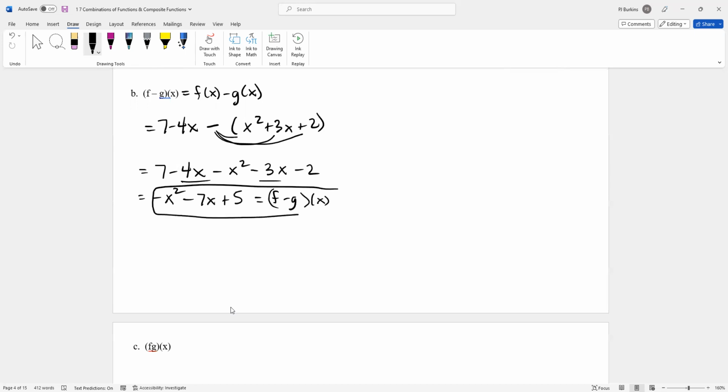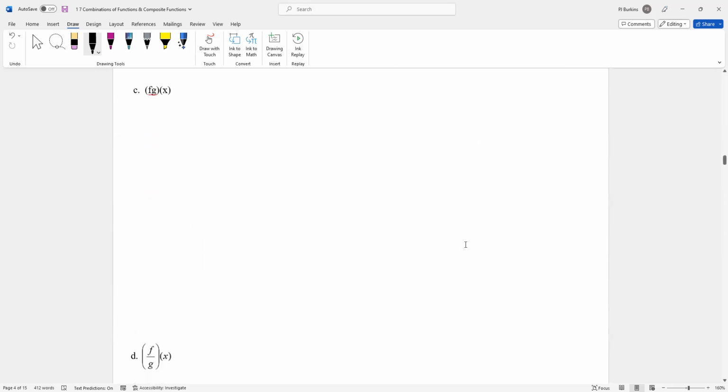Again, this function is a polynomial, and therefore its domain is minus infinity to infinity naturally. And the two functions that were used to put it together also have that same restriction, which really is not a restriction. Therefore, the overall domain is minus infinity to infinity. Okay, so that's adding and subtracting.